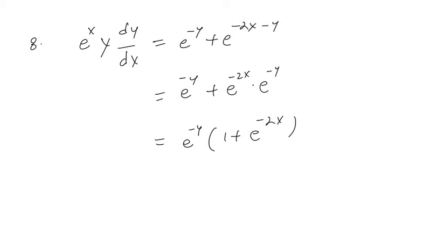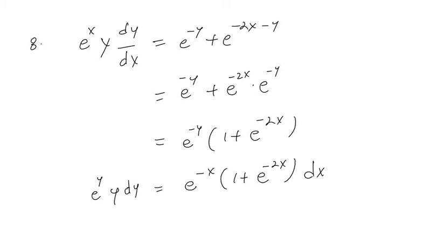I am moving this minus e raised to power x on this side, so I will have e raised to power minus x from the other side, 1 plus e raised to power minus 2x, and a dx from the other side. And on this side I will have e raised to power y, and then dy.